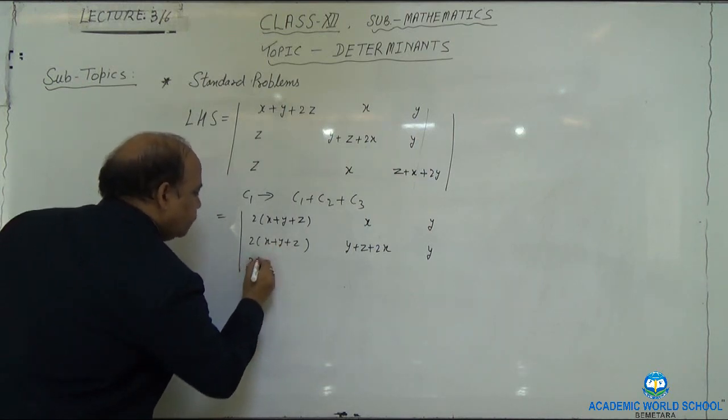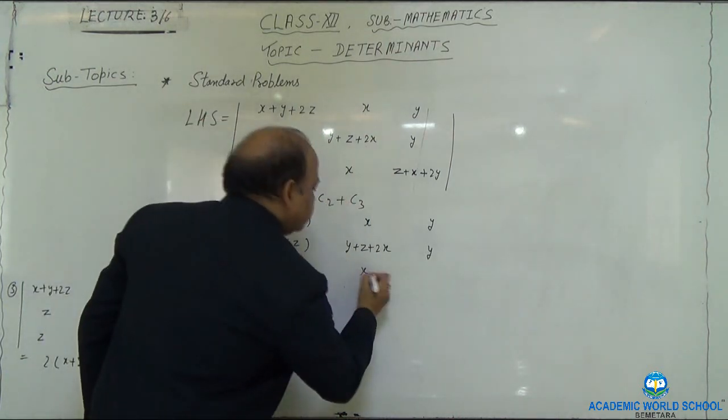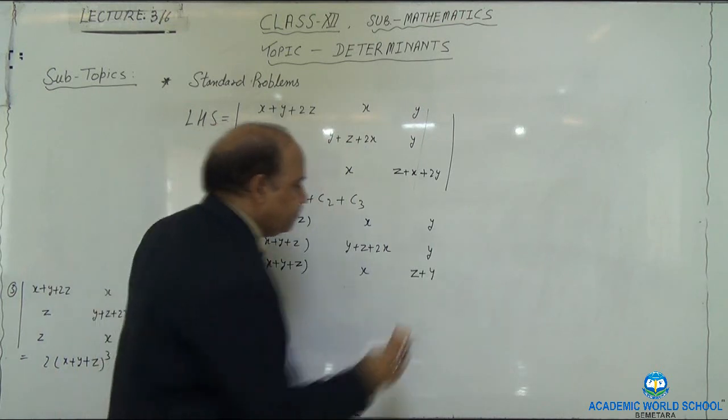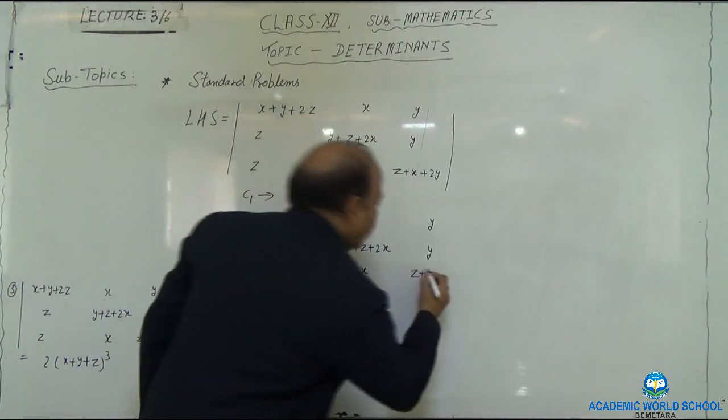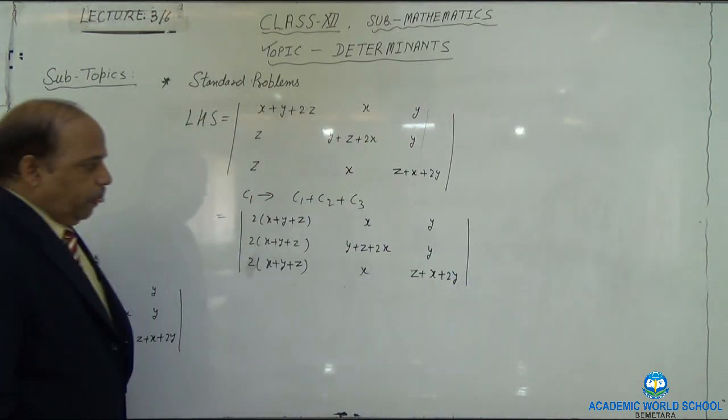This will become 2 times x plus y plus z, this is x, and z plus x plus 2y.